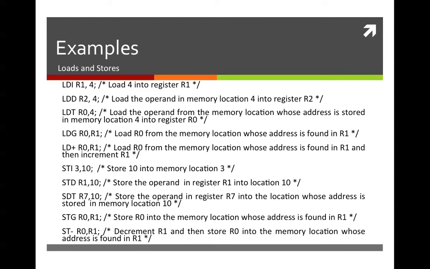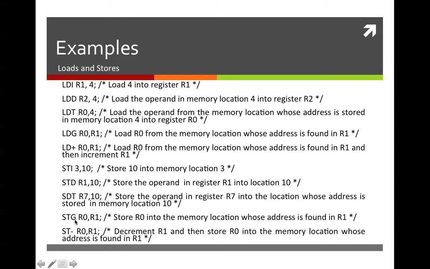That means we actually use 10 as an address of the location into which we store the value in R1. And STT is the instruction that actually uses 10 as the address of the address into which the operand in R7 is stored.